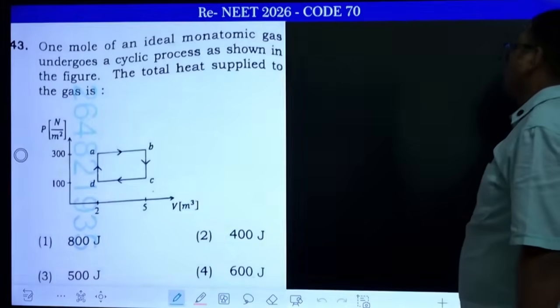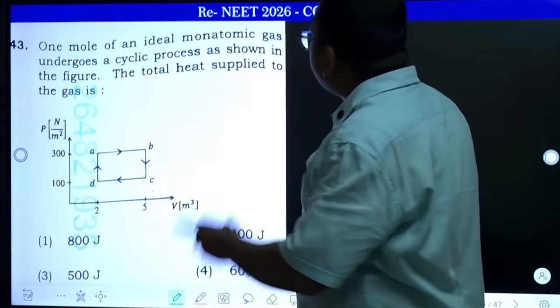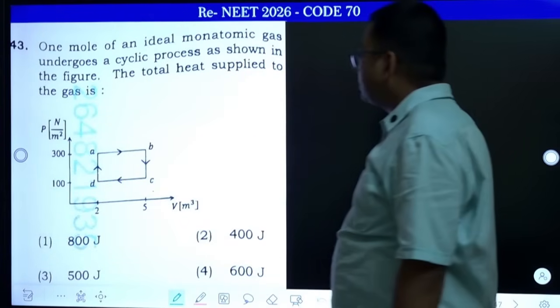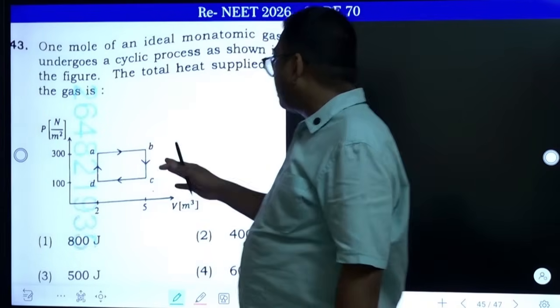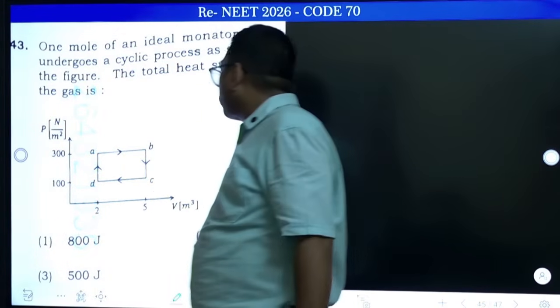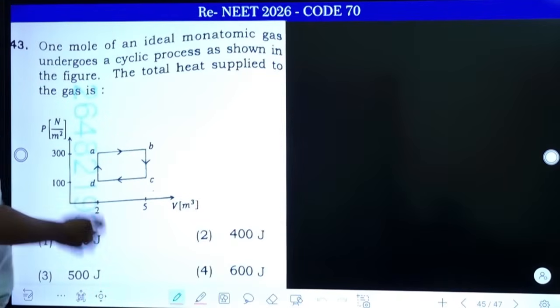Next, 1 mole of an ideal monatomic gas undergoes a cyclic process as shown. The question gives the total heat supplied to the gas. Total heat we need to calculate. So take the process A to B, B to C. How to calculate total heat?